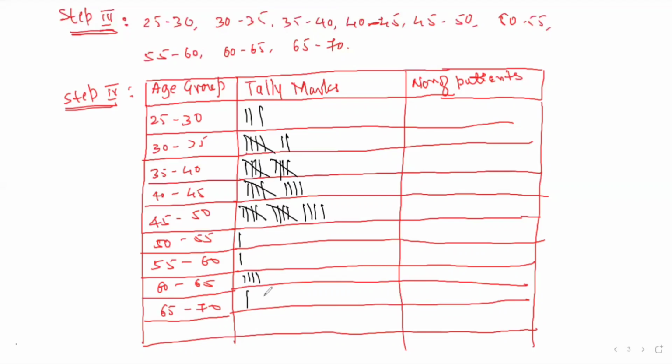Now the fifth step: we are going to calculate the number of patients. So here 3, here 1, 2, 3, 4, 5, 6, 7, here 10, here one group means 5 plus 4, 9, and two groups plus 4, 14, 1, 1, 4, 1. So here what is the n? 7 plus 3, 10, 10 plus 10, 20, 29, 29 plus 14, 43, 43 plus 1, 45, 46, 46 plus 4.